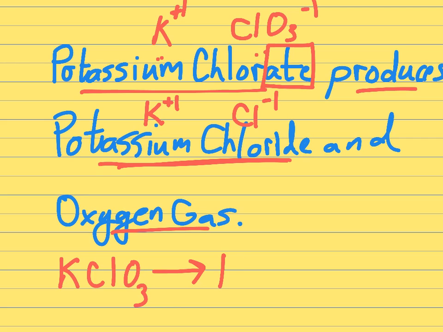So that will be KCl, potassium chloride, and oxygen gas. So we see that term gas. We saw that previously on this one. That means it's oxygen bonded with itself. There's potassium chloride and oxygen gas.